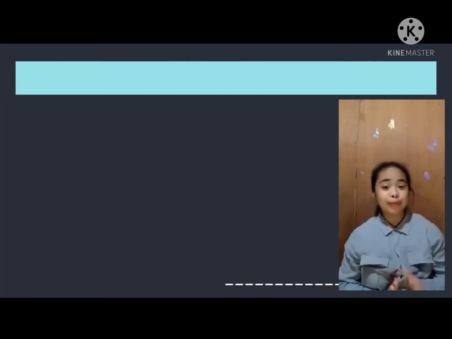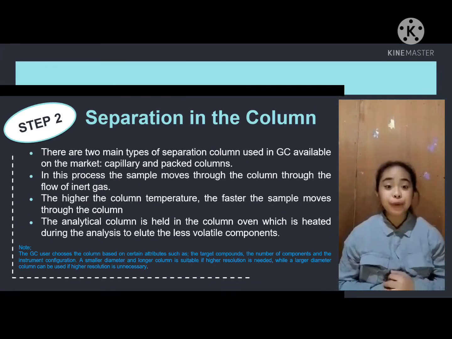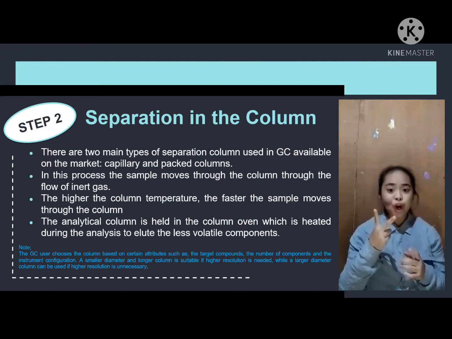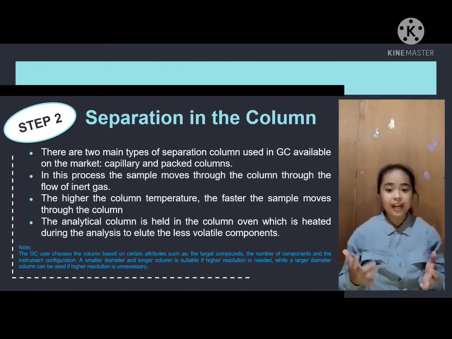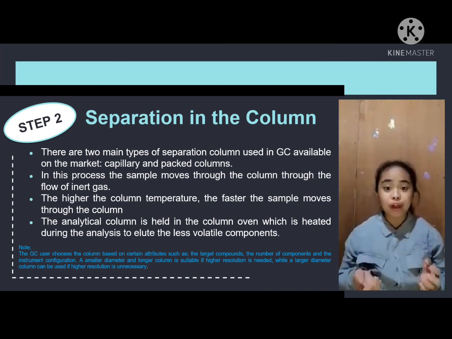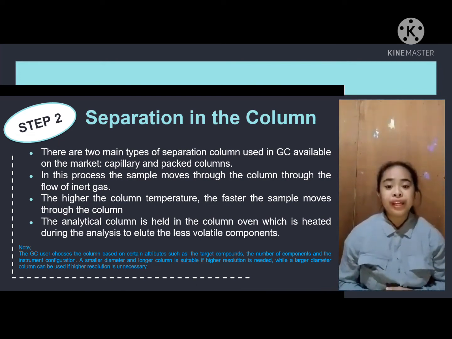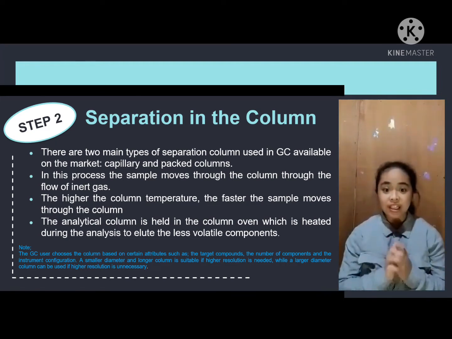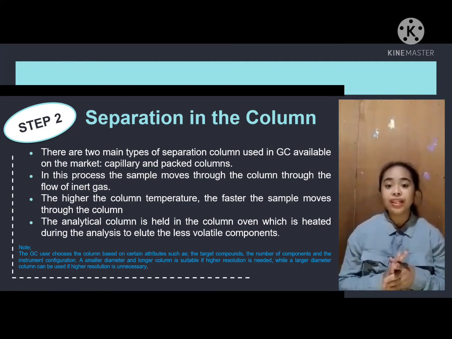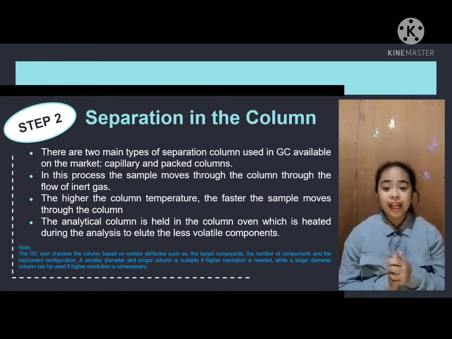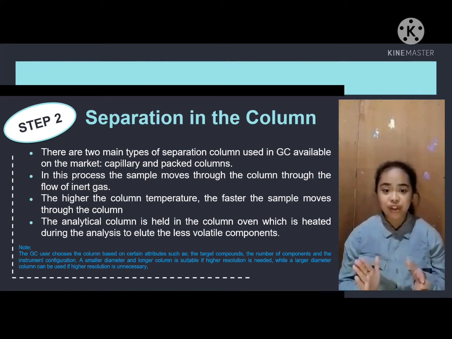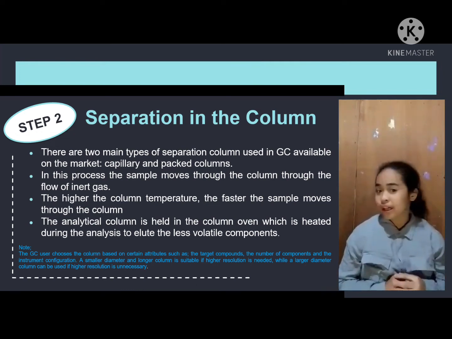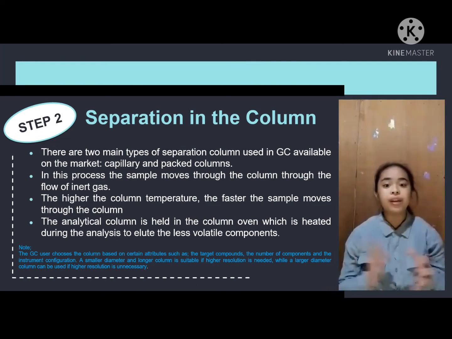Moving on to step 2, the separation in the column. There are two main types of separation columns used in gas chromatography available on the market. We have the capillary and packed columns. Note that the carrier gas is inert and does not interact with the sample, and thus the gas chromatography separation selectivity can be attributed to the stationary phase alone in the column.